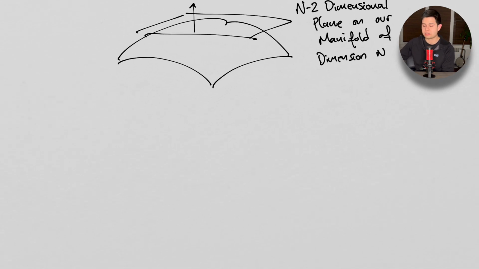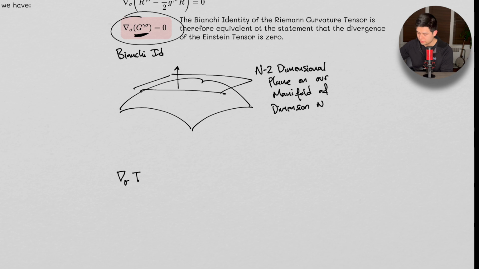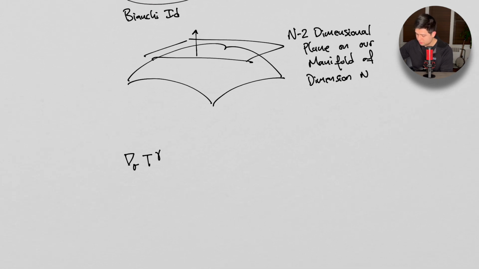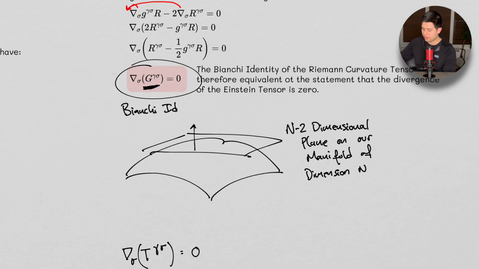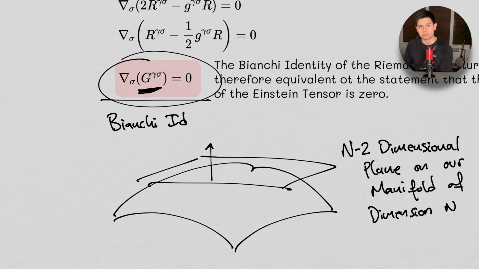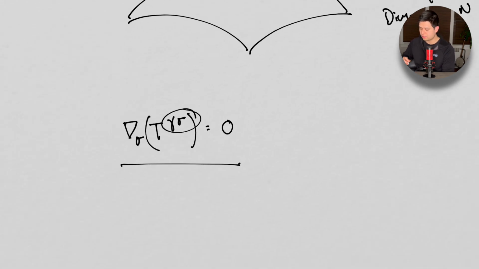This is a critical piece in our story of GR, because what we're going to find is that the divergence of our stress energy momentum tensor is going to be the same thing: gamma sigma equals 0. Okay, and Einstein's claim is that if this is true for stress energy momentum, and I found out that this is true for my Einstein tensor, well, this has two indices, this has two indices.